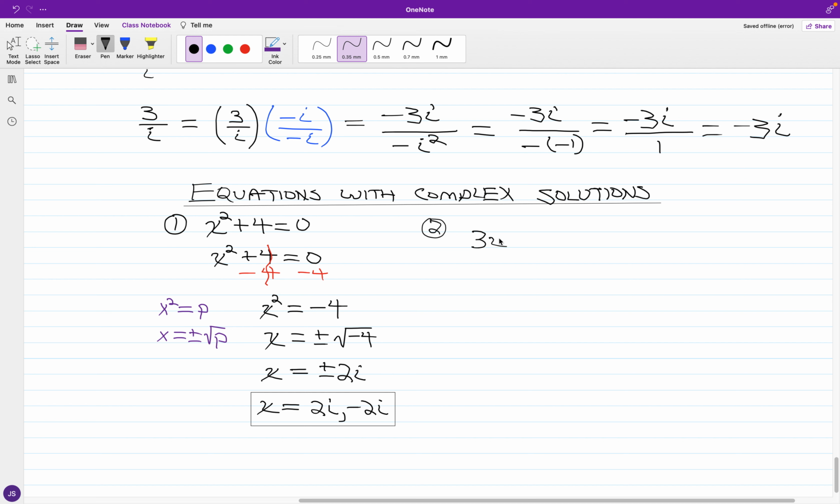So we have 3x squared plus 5x, and so I have plus 4 is equal to 0. All right.